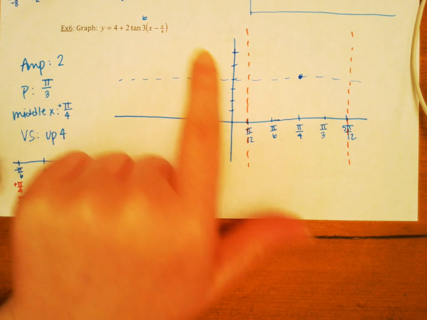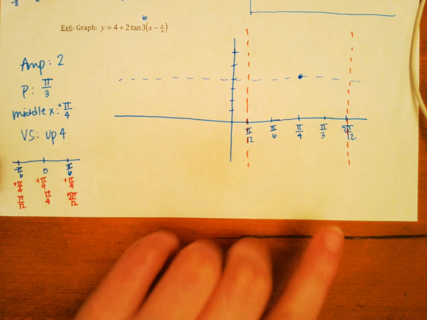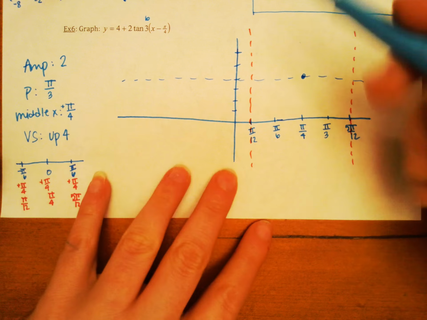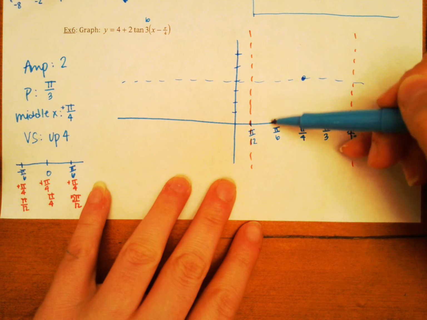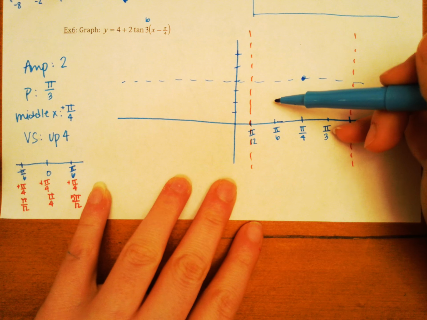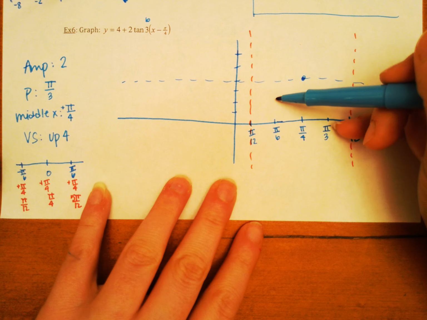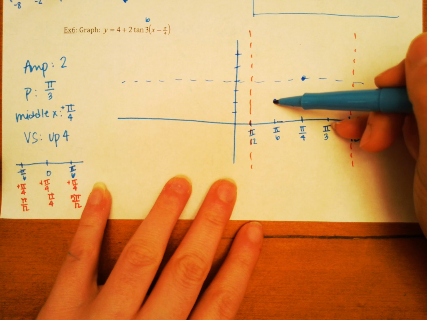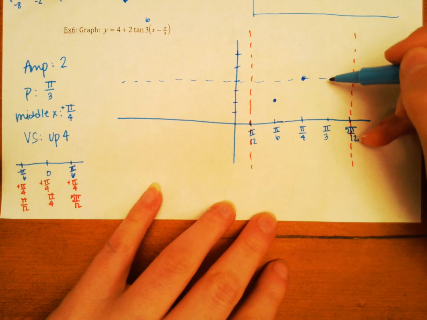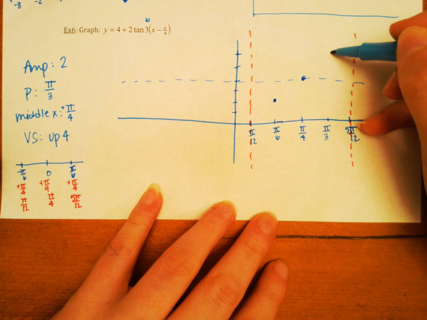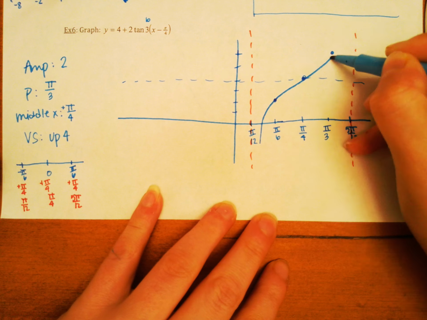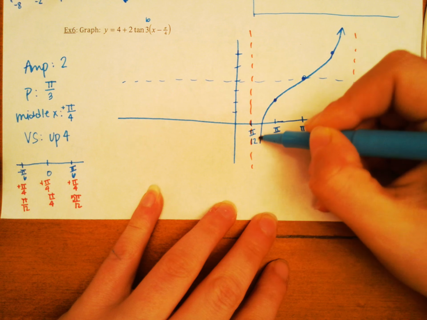Remember, you can always check that and make sure that you're going okay. For tangent in general, we start down and then go up. So we would be going down 2 units from our vertical shift of 4, and then up 2 units from our vertical shift of 4. So there we go.